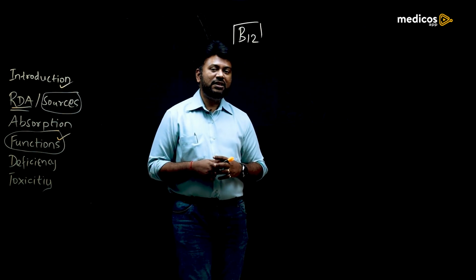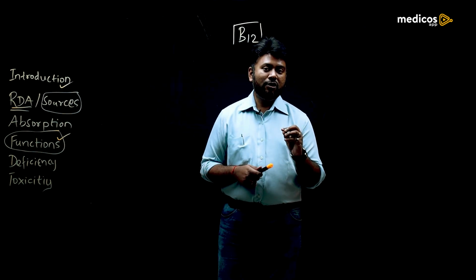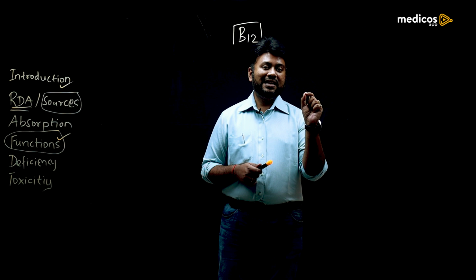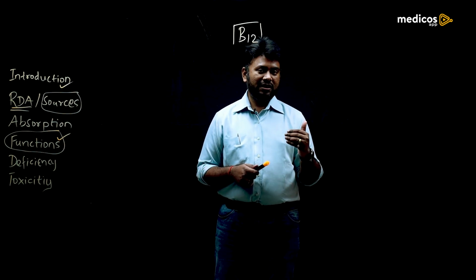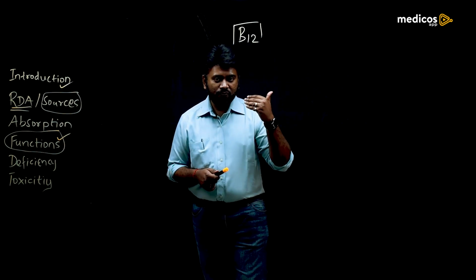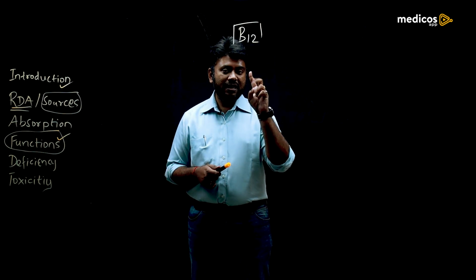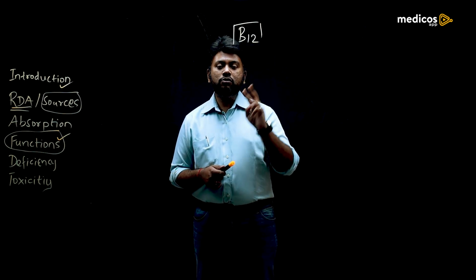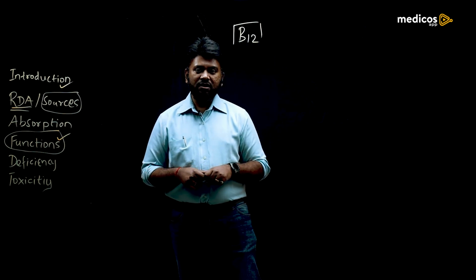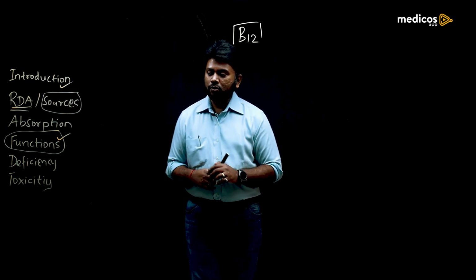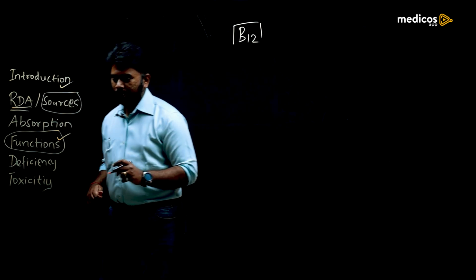Next, methyl B12 acts as a coenzyme for homocysteine methyltransferase or methionine synthase. By acting as a coenzyme for this enzyme, it helps in relieving the folate trap, and also helps in transmethylation reactions. So that's it about the functions of vitamin B12.